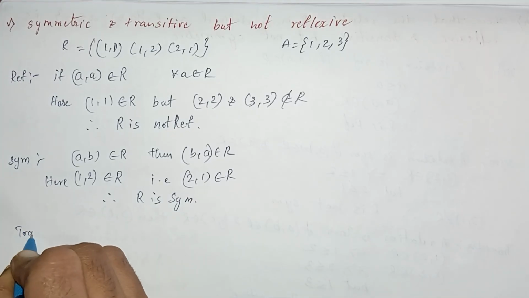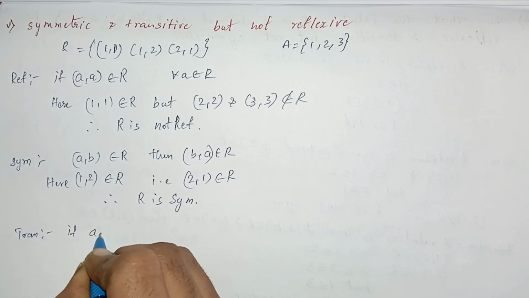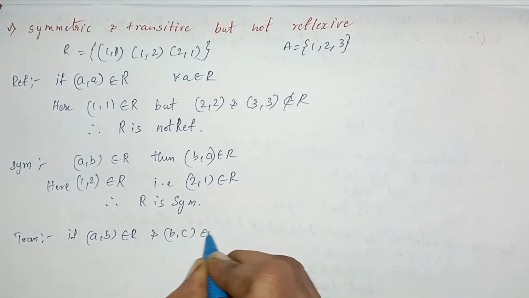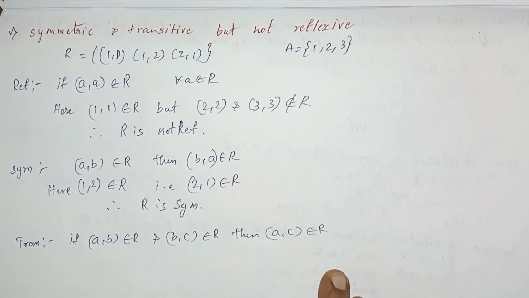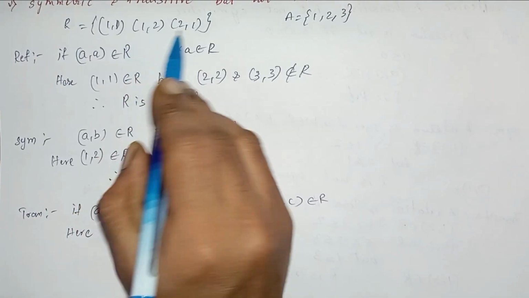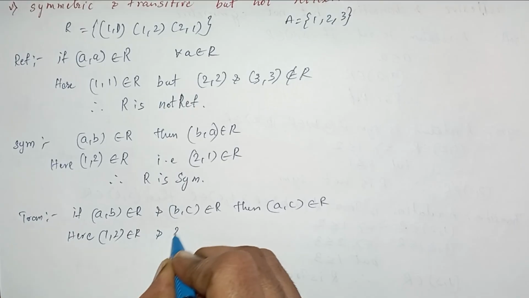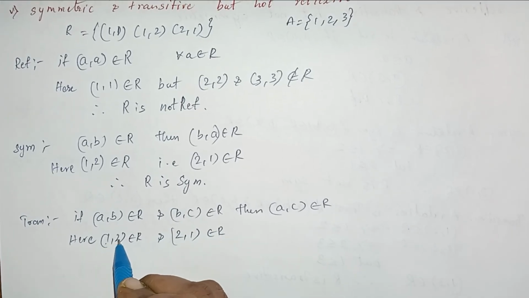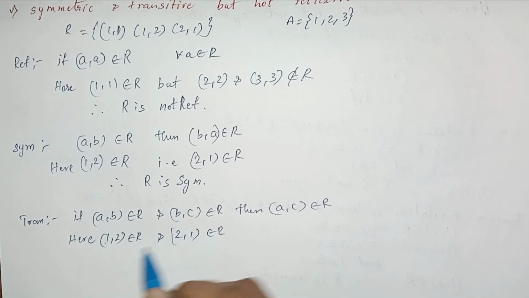Next we have to check for transitive. In transitive we know that if (a, b) belongs to R and (b, c) belongs to R, then (a, c) should also belong to R. So we take (1, 2) and (2, 1). (1, 2) belongs to R and (2, 1) belongs to R. Here 1 is my a, 2 is my b, and 1 is my c.